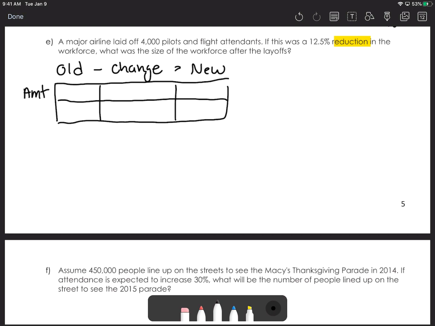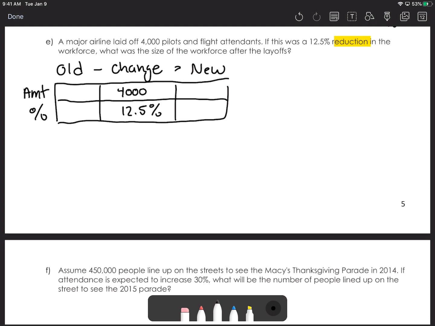So in the first row, we put all the amounts. In the second row, we put what that represents as a percent. Now, it says the amount of the change, what they did was they laid off 4,000 pilots. So I'm going to put 4,000 here for the amount of the change, and then the percent of the change is 12.5% reduction.